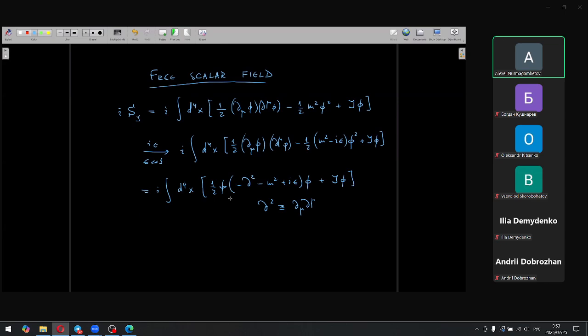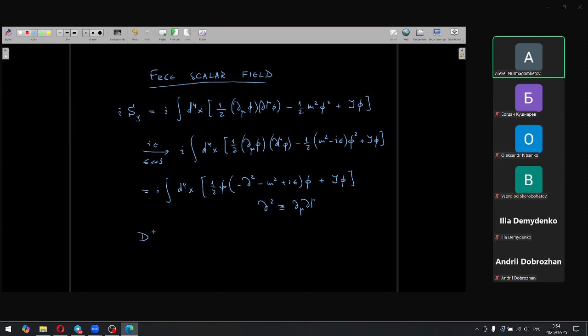And to perform this integration, it is convenient to introduce the Green's function of this operator standing here, minus d squared minus m squared plus some small complex shift. And by the way, this operator is called in the literature the Klein-Gordon operator. So we would like to introduce the Green's function for this operator.